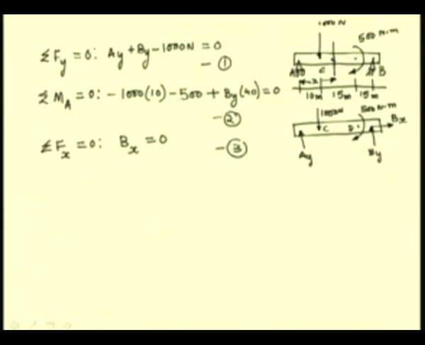We have already found that Bx is 0. By solving 1 and 2, we find By to be 262.5 newtons and Ay as 737.5 newtons.